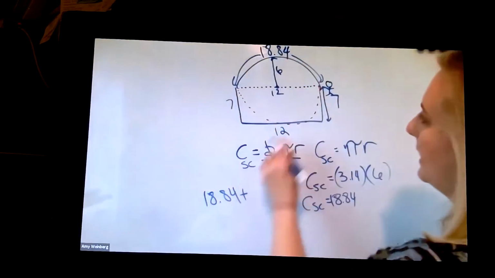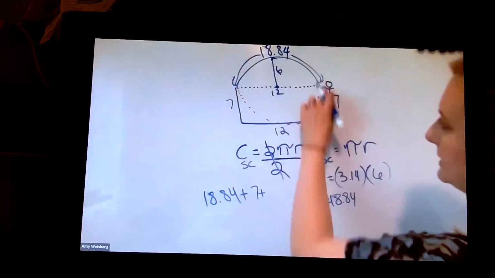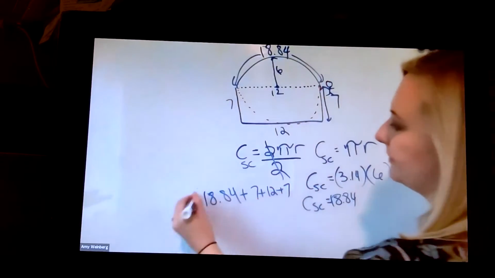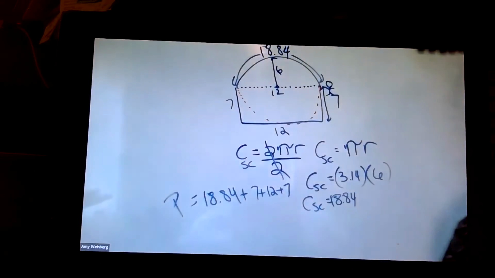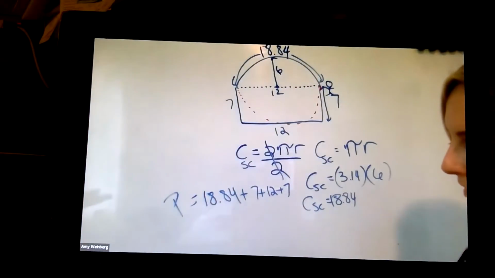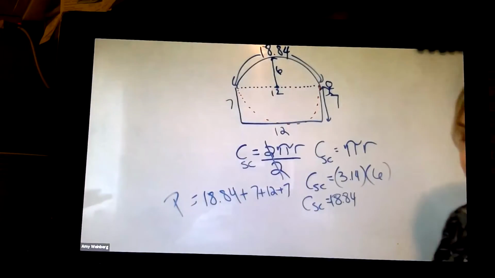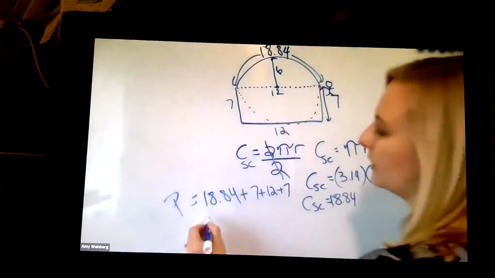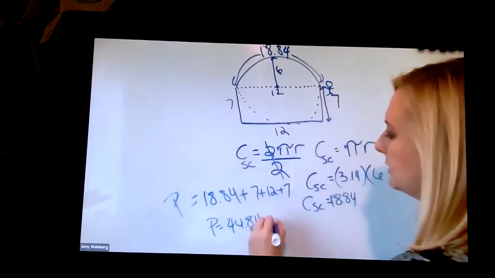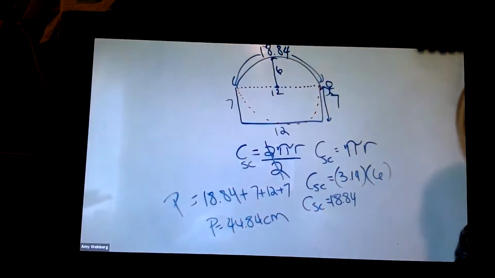Now I need to add 7, I need to add 12, and I need to add my other 7. That's going to be my entire perimeter. So plus 7 equals, plus 12 equals, plus 7. 44.84 is my final answer. 44.84, and that was in centimeters.